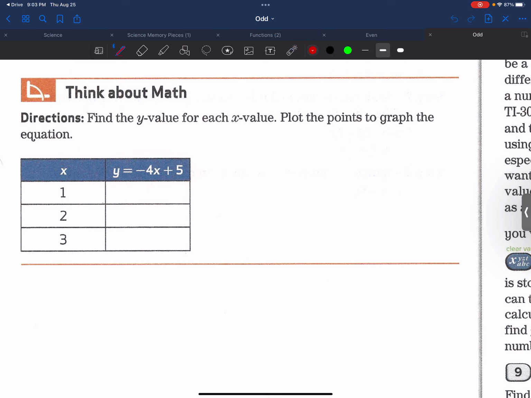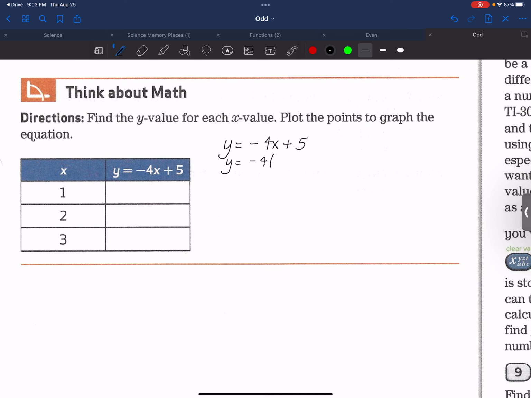So I'm going to copy that formula right here. Y equals negative 4x plus 5. That is slope-intercept form, and I need to plug in some values for x.